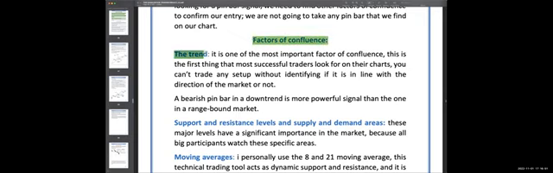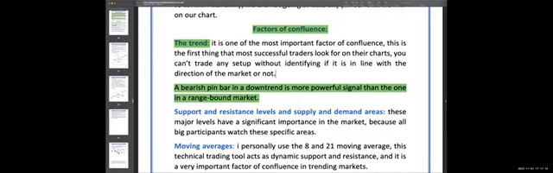So the first aspect is the trend. It is one of the most important factors of confluence. This is the first thing that most successful traders look for on their charts. You can't trade any setup without identifying if it is in line with the direction of the market or not. A bearish pin bar in a downtrend is a more powerful signal than the one in a range-bound market.